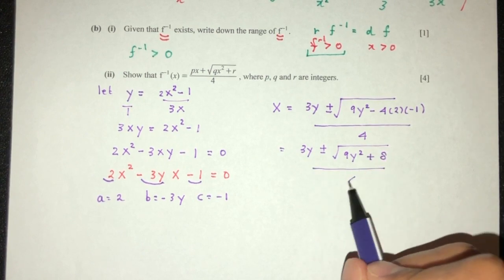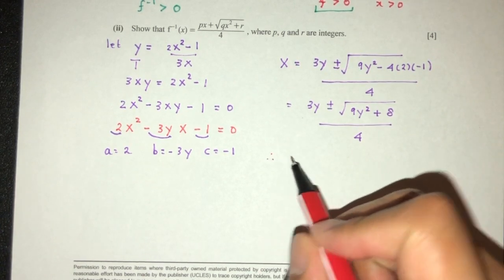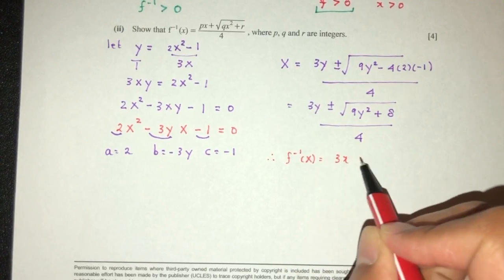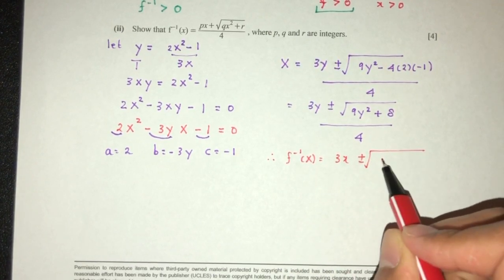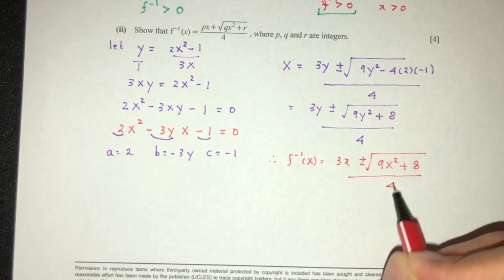And divide by 4. So finally, obviously we have to change the y to x. So f inverse of x will be 3x plus minus the square root of 9x squared plus 8, over 4.